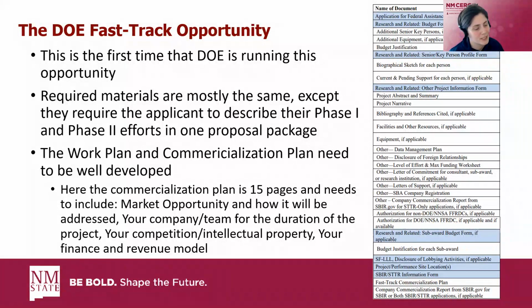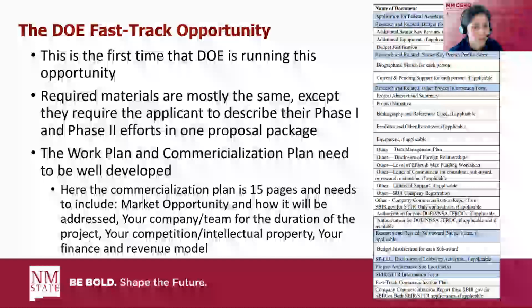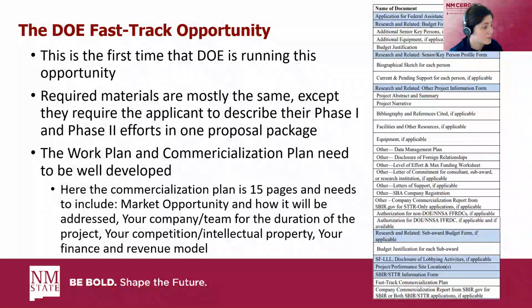What does your competition look like? What intellectual property protections do you have in place or are planning to have in place during these 33 months? And then they ask for your business, finance, and revenue model. Very similar to what they're asking in the traditional phase one commercialization plan, they really ask you to develop the ideas that are placed there.